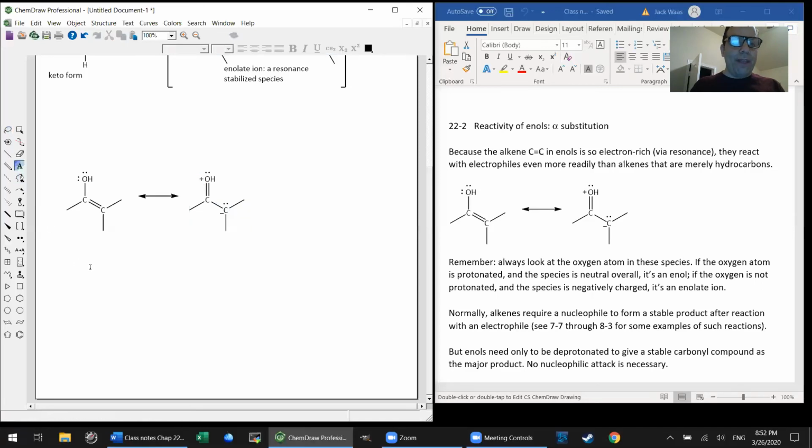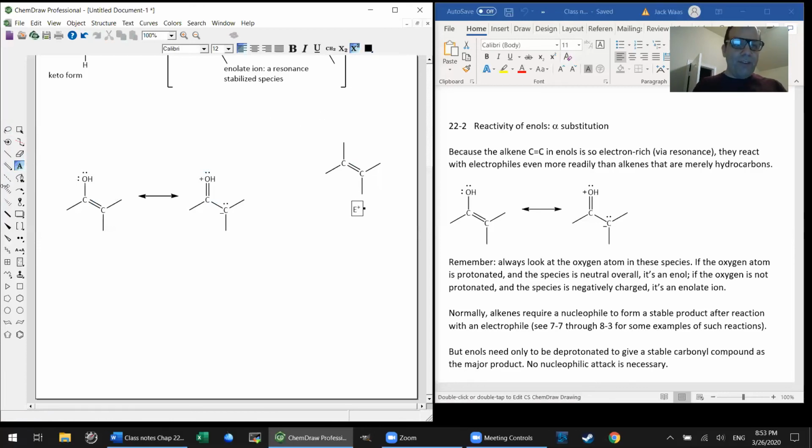And so, as we said earlier, let me just put up a quick alkene over here. We'll get rid of the OH group. And again, I'm not even specifying what's on those other bonds. It could be anything. But we already are well familiar with alkenes reacting with electrophiles.